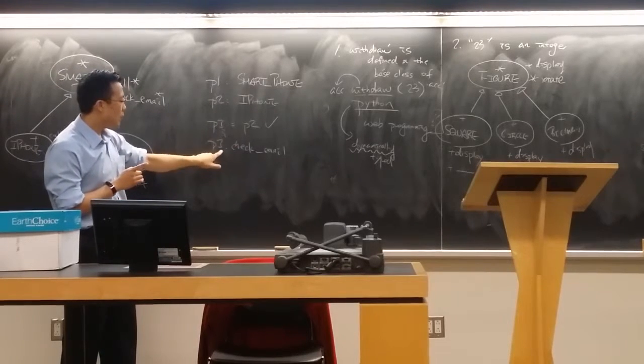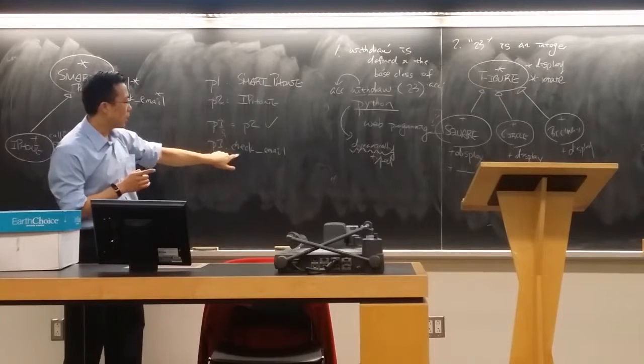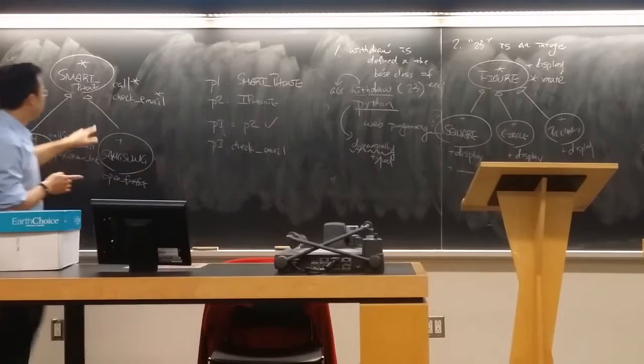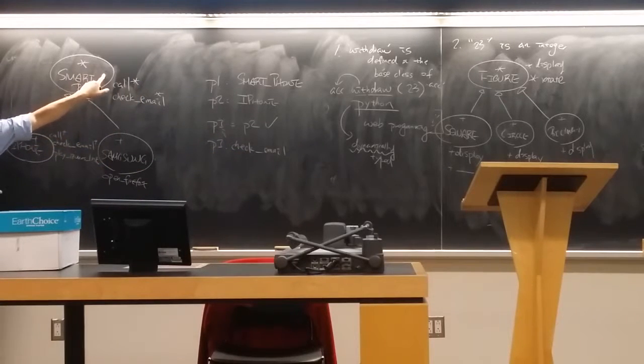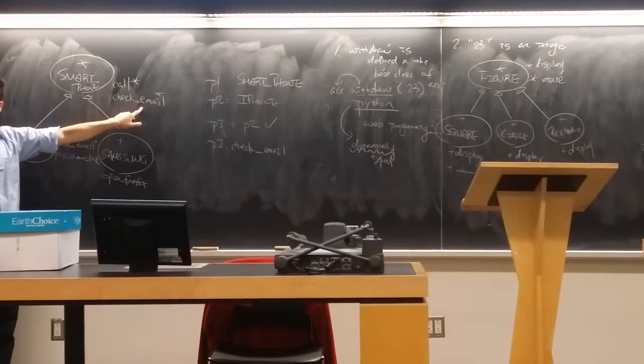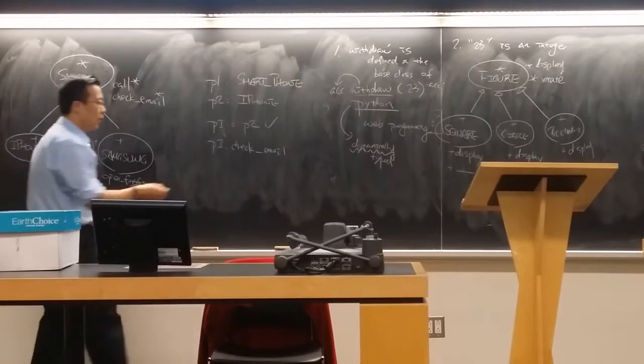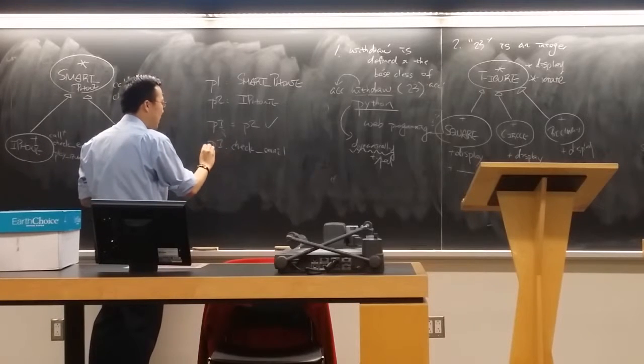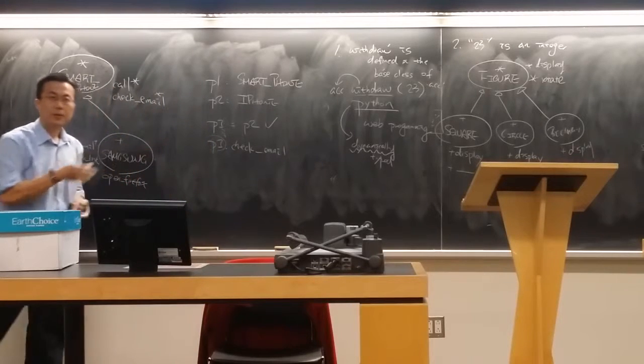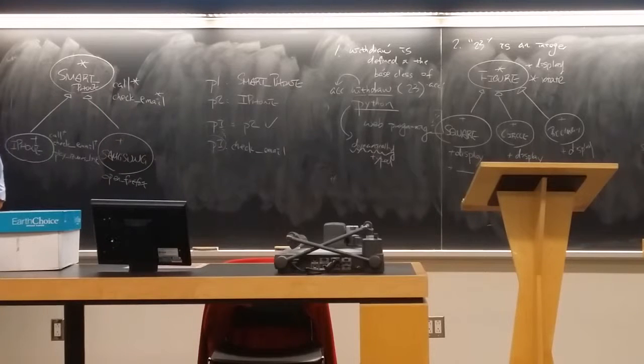But now, when you actually reach this line, you're trying to call the check email feature, which is defined at this top level here. But for the check email feature, you actually have different implementations in the subclasses. You might have the version in the iPhone, you might have the version in the Samsung. You don't actually know which version it is until you actually reach the line of code. And as I said before, figuring out what exactly p1 is attached to is an undecidable problem. It's a theoretical limitation.